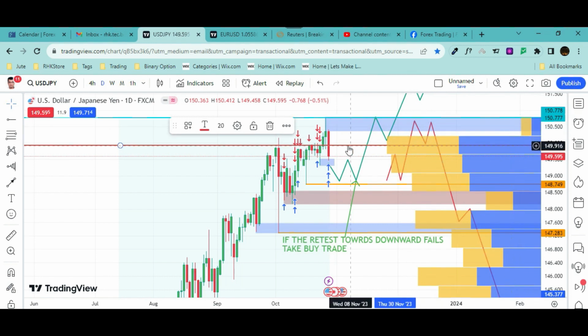But the highest volume is here. As the highest volume is here, for sell, I think it will come, retest, and it will fail. But once it moves to this small volume side, again the buyer will lose interest, and it may retest and fail.